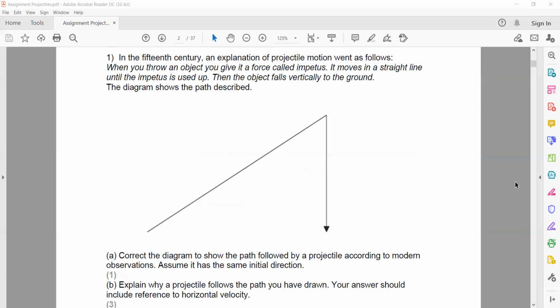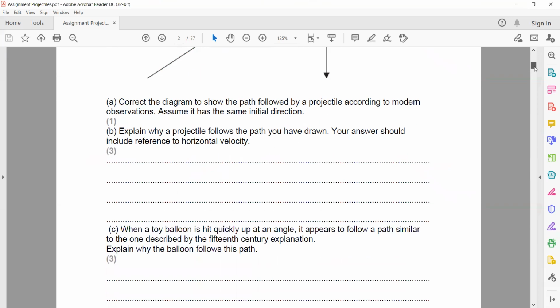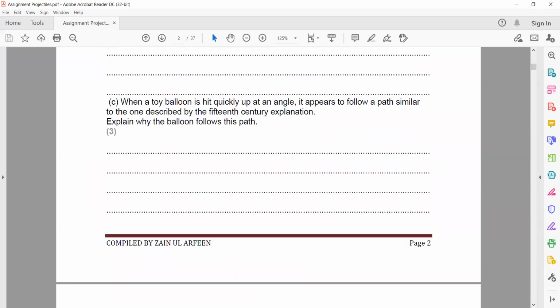So when we mention why a balloon follows the same path which is described in the 15th century, what is the reason for that? Air resistance is acting.